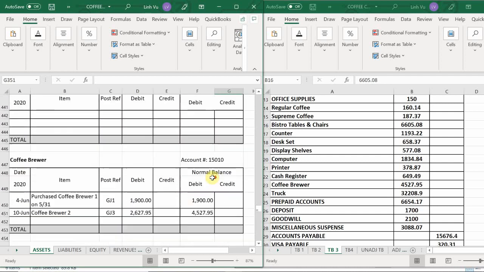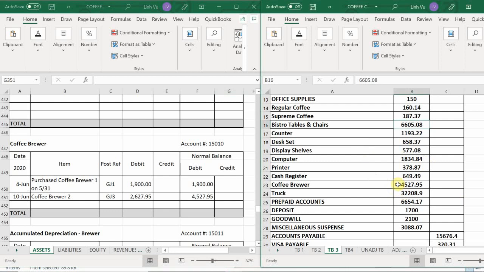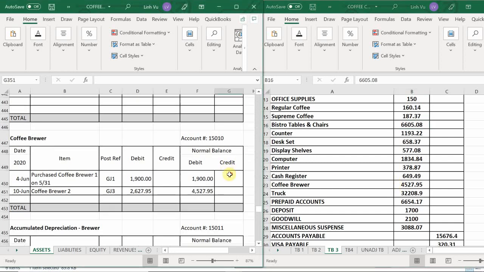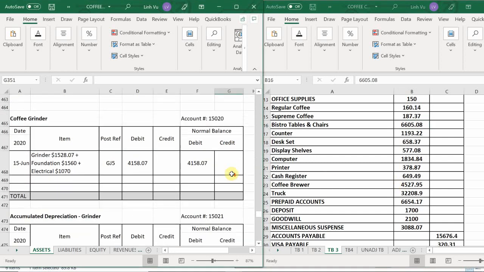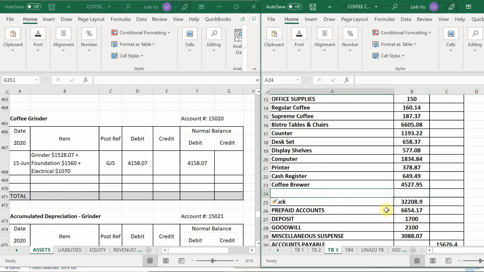All right, then let's see what we have here. We have equipment. Okay, first one we have is our coffee brewer. Same. 4,527.95. Good. All right. What about my coffee grinder? I have to insert one right here for coffee grinder.